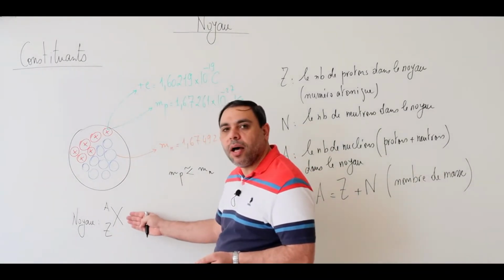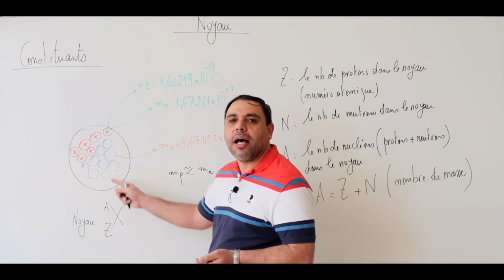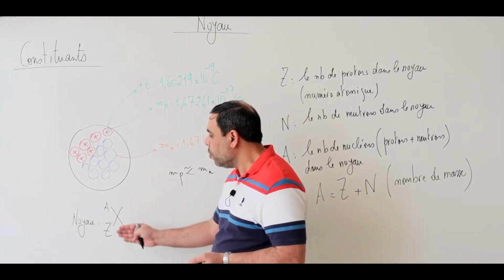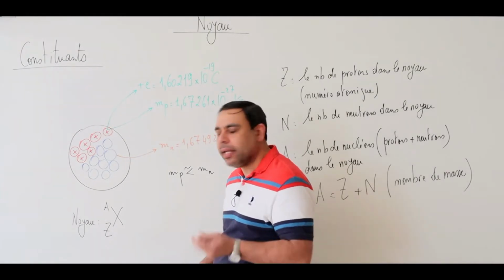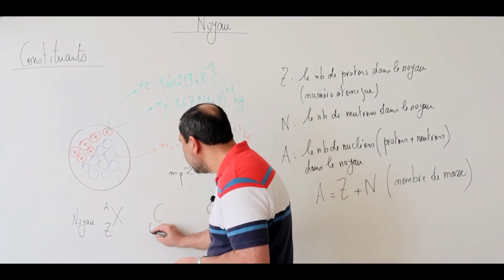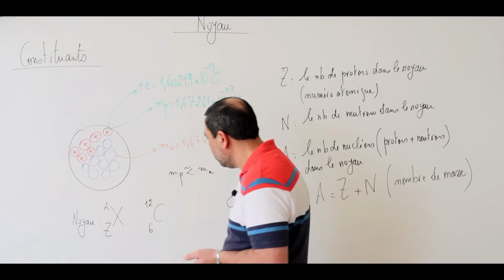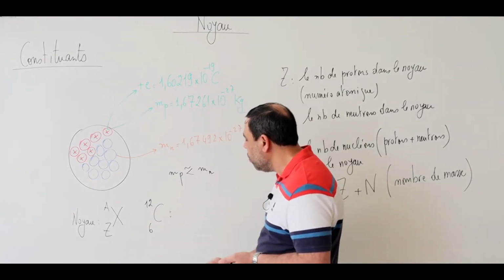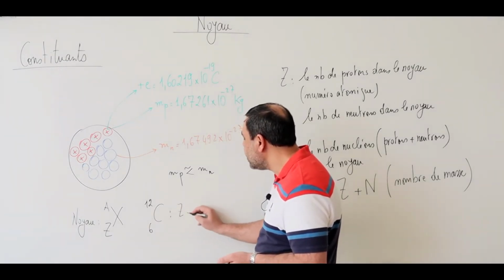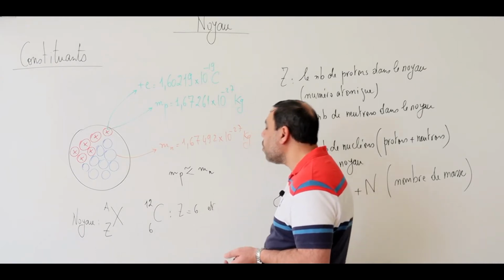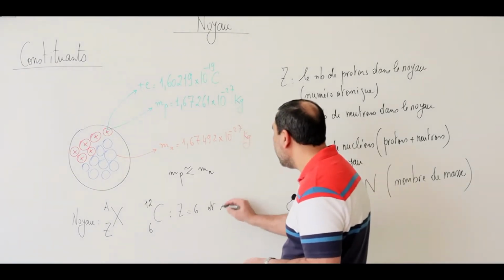To each nucleus, we associate a symbol, X with A on top and Z at the bottom. A is the mass number, Z is the atomic number. For example, carbon, 12 over 6. In the carbon nucleus, we have 6 protons and 12 nucleons.